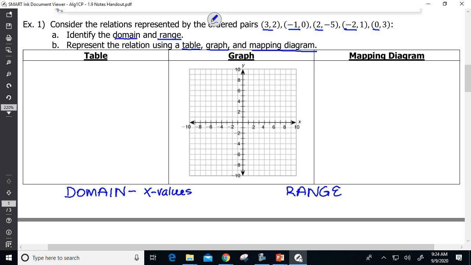So the smallest number was -2, then -1, then 0, then 2, then 3. If you put parentheses around them, that's fine. I put the brace because that's normally how you'll see it in a math textbook. But if you put parentheses around it, that's fine with me.